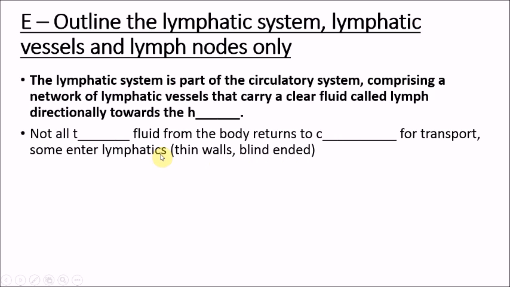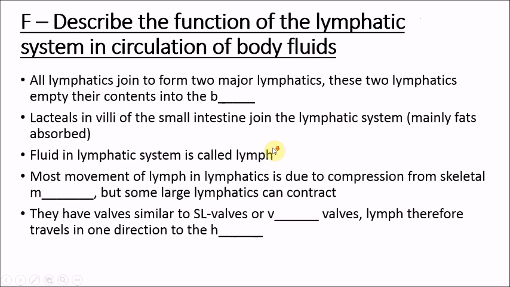Now, lymphatics, the vessels, are thin and they're blind-ended, which basically means that they are dead ends. At the end of the vessel is a dead end. Now, the function of the lymphatic system. Now, the lymphatic vessels join to form two major lymphatics, and these two empty their contents into the blood around the neck.